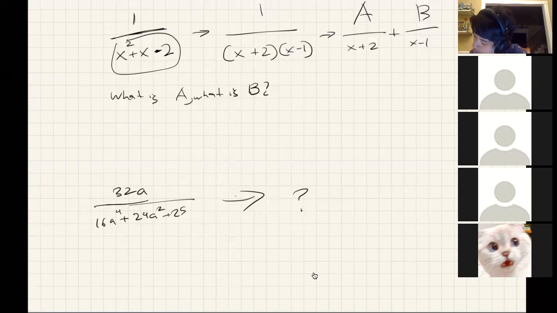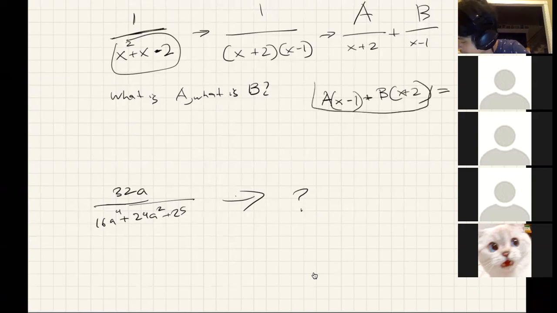So what we ultimately have is a times (x minus 1) plus b times (x plus 2). You want this polynomial to be equal to the numerator of the original fraction, which is 1.